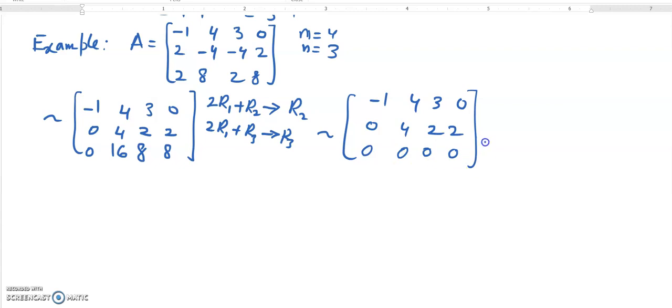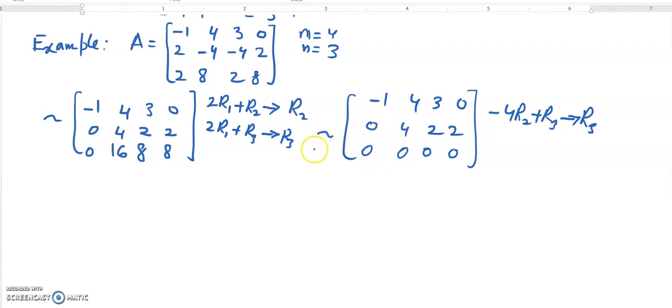So minus 4 times row 2 plus row 3 is equal to row 3. Remember that it's not at all necessary to have zeros in the last row. Even if it is not a zero in the last row, we can convert it to the row echelon form.